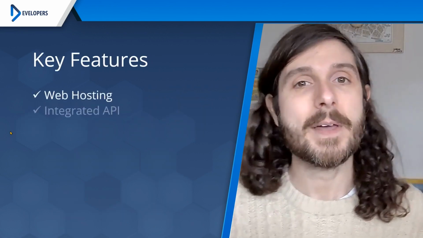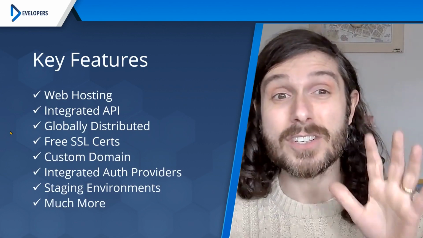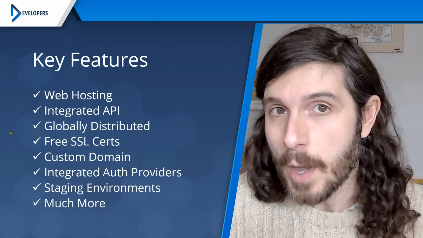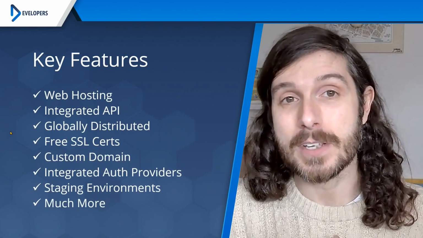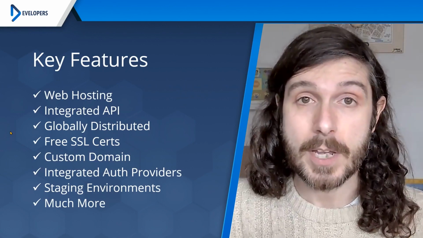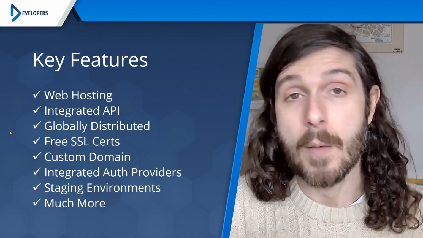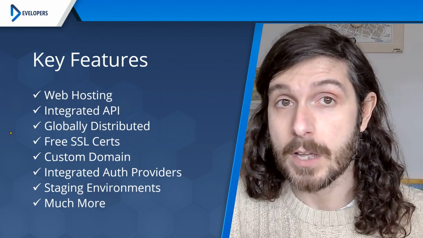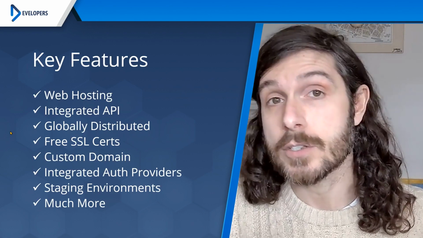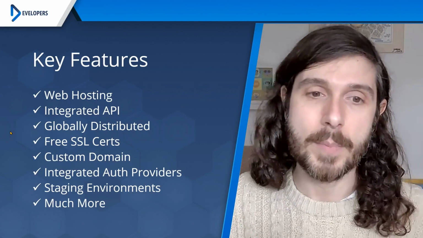Okay, well, let's talk about the key features. There's tons packed into Azure Static Web Apps that I love, and these are just a few. Well, one, there's web hosting, right? And actually a very gracious free tier that I'll talk about here in a bit. So you can host your static web apps for free, and also a standard tier that offers a few more options as well. But you have a full integrated API, which I'll talk about with Azure Functions. It's globally distributed, free SSL certs and custom domain also built in.